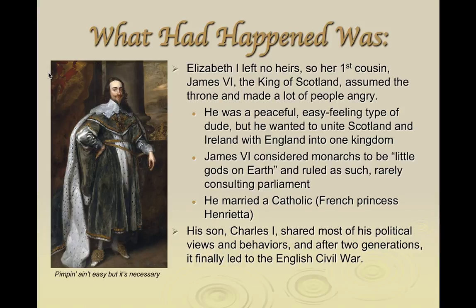And then all of a sudden, the Queen gets to be Catholic, but nobody else does. That did not go over well. But his attitude was, look, God chose me to be king. I make my decisions, and if you don't like it, you can suck a pickle. And so, as you might imagine, he made some enemies. And then his son, Charles I, was just like his father.